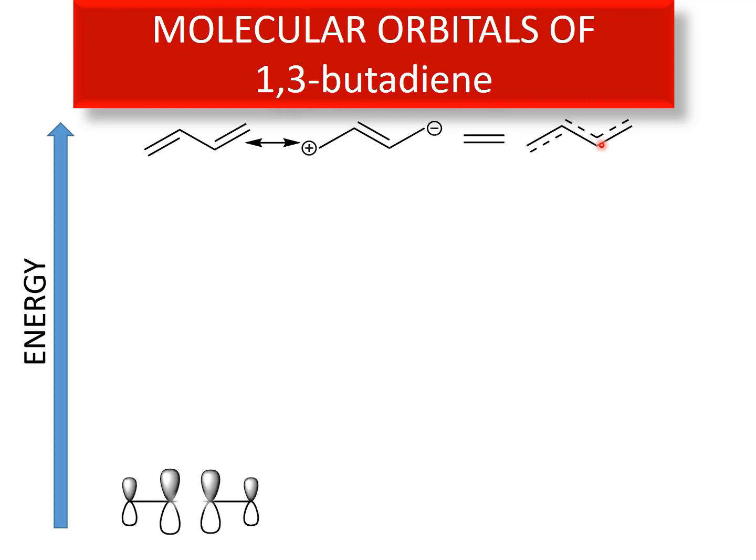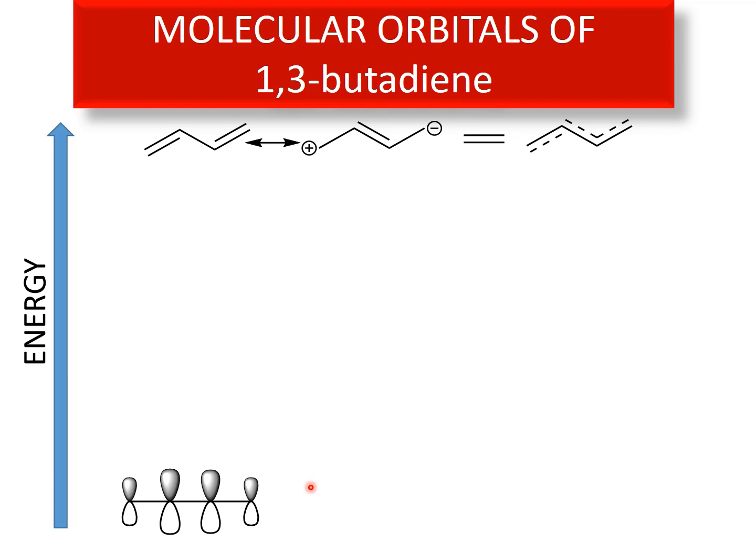The first molecular orbital that 1,3-butadiene can have is here. You have 1, 2, 3, 4 carbon atoms with their corresponding p orbitals, which combine to form these pi bonds, and because of resonance they can overlap with each other to spread the electron density throughout the whole system.